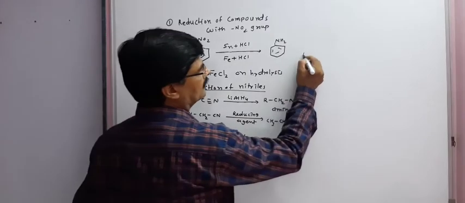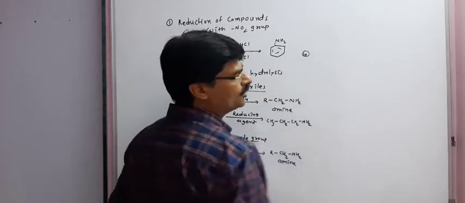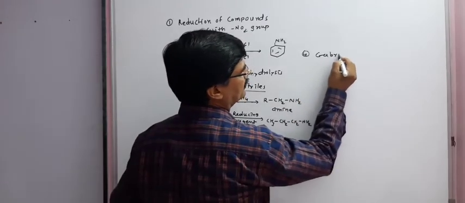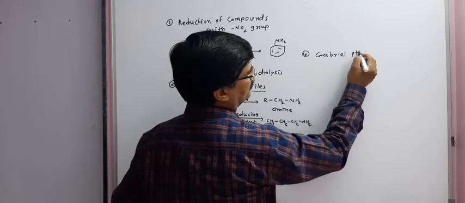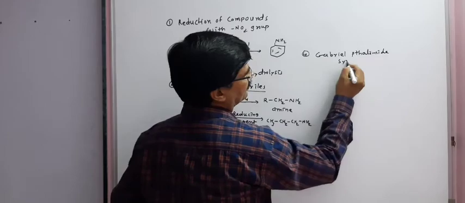Now we study one important method to produce 1 degree amines, the Gabriel phthalimide synthesis.